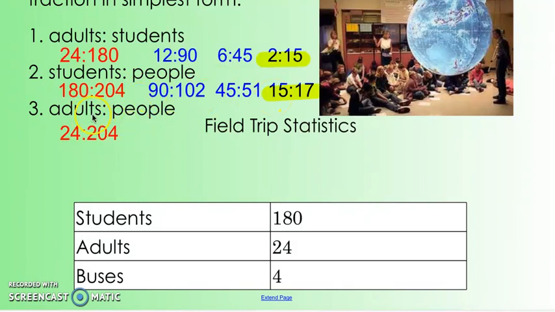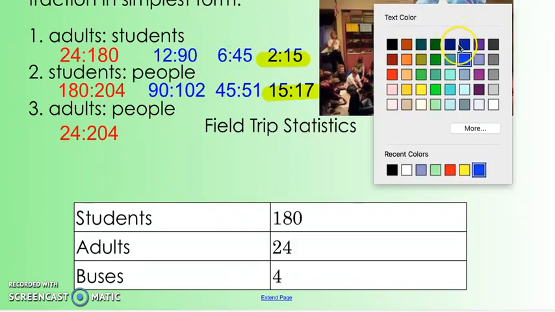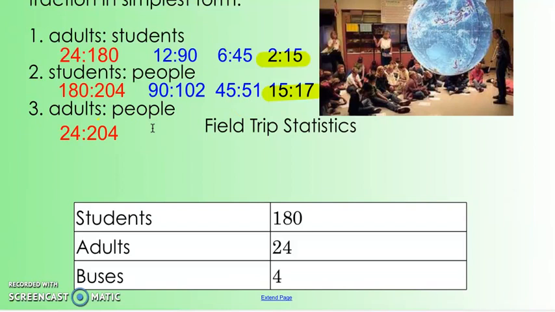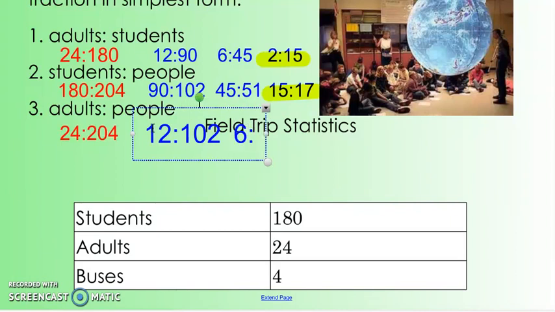Let's look at our last one. It says adults to people. So let's write this in simplest form. What goes into 24 and 204? Okay, so let's try 2 again. 12 and 102. How about let's divide by 2 again.